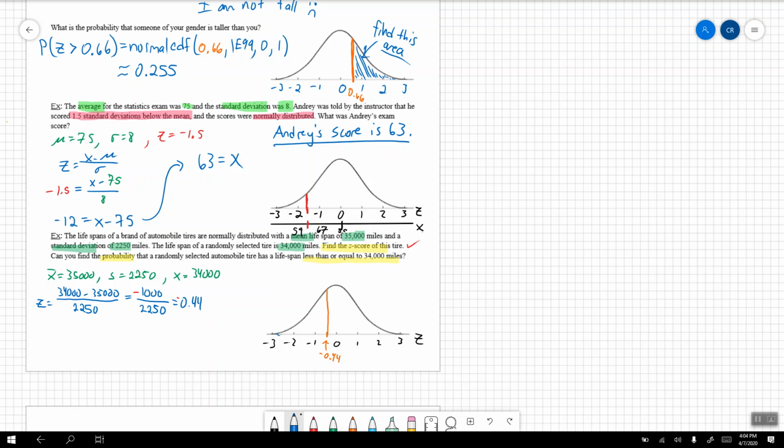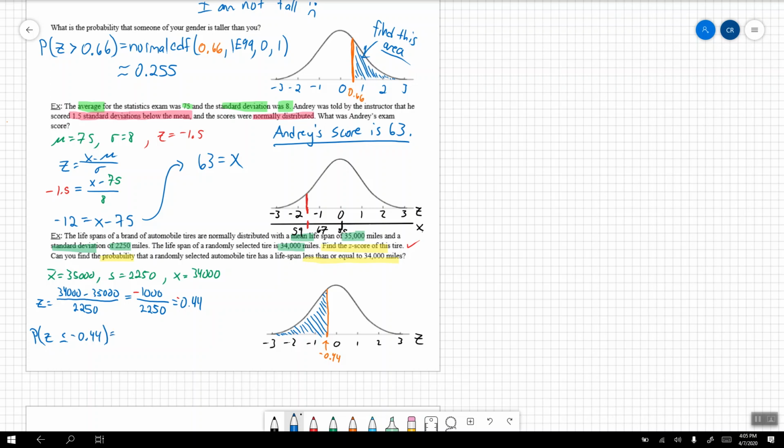Now, remember, as you're doing this, we came up with a process last time that said if I'm looking for a probability that some z-score is less than or equal to negative 0.44, it doesn't matter if this has an equal or not, because at the end of the day, this is a continuous probability, and continuous probabilities don't matter whether we have an equal or a strict inequality.